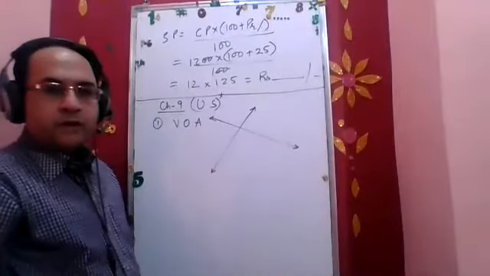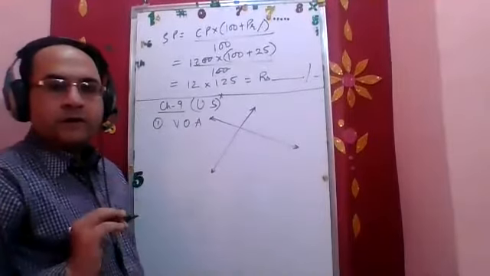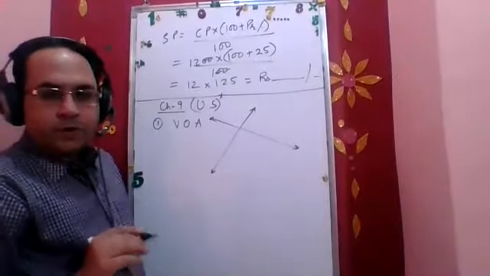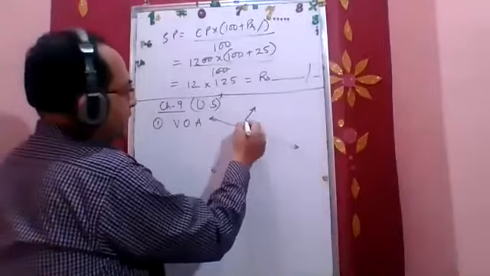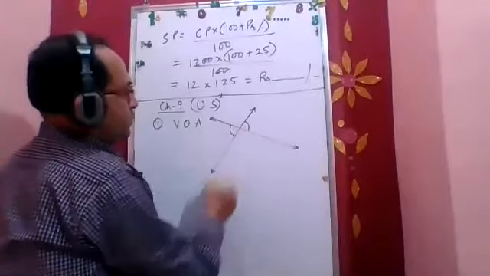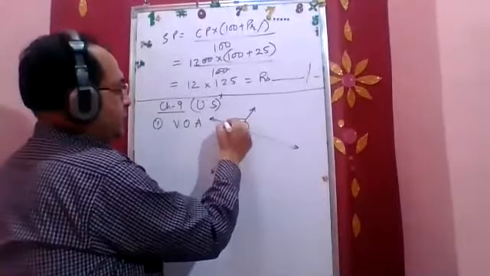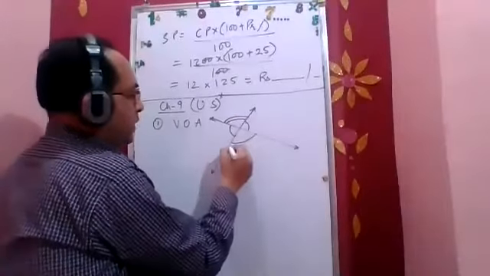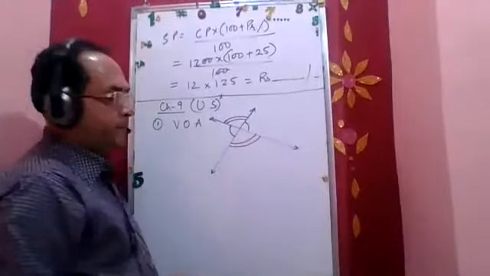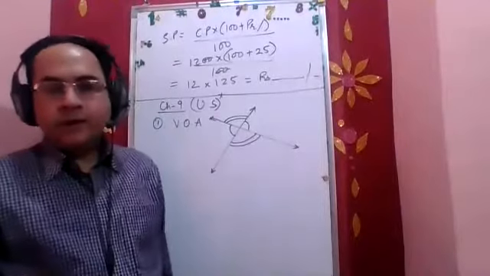Vertically opposite angles are always formed when two lines are intersecting each other. So in this case, we find that there are two pairs of vertically opposite angles, and they will be equal to one another.